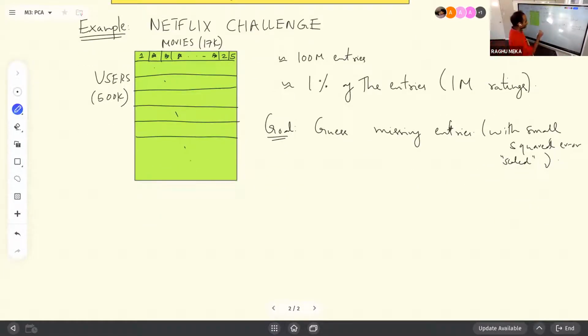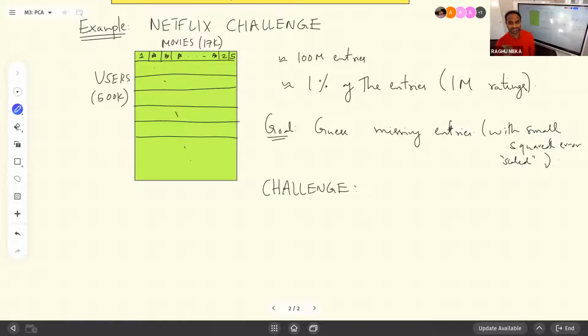And the challenge was, they said, we have some baseline algorithm. They had an algorithm they were actually using to recommend movies to users, not just a theoretical algorithm, that's what was running on their machines.